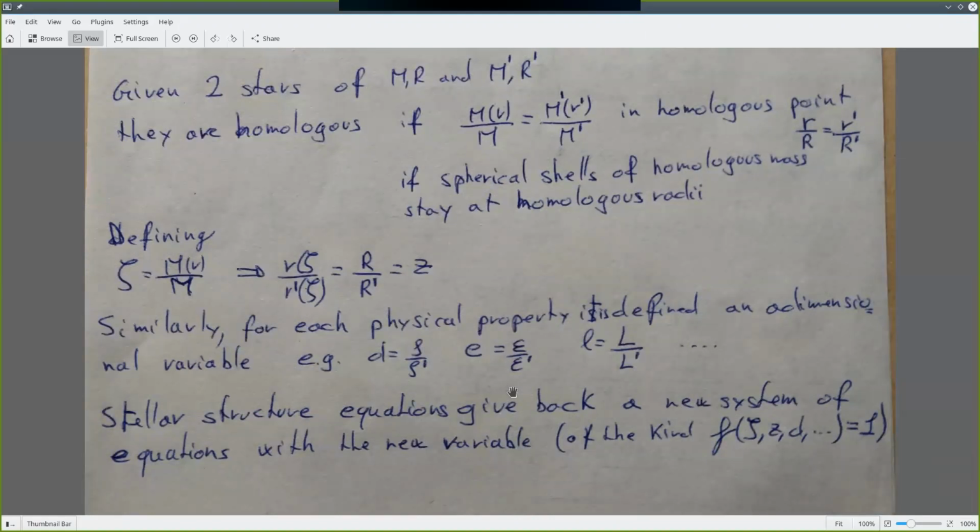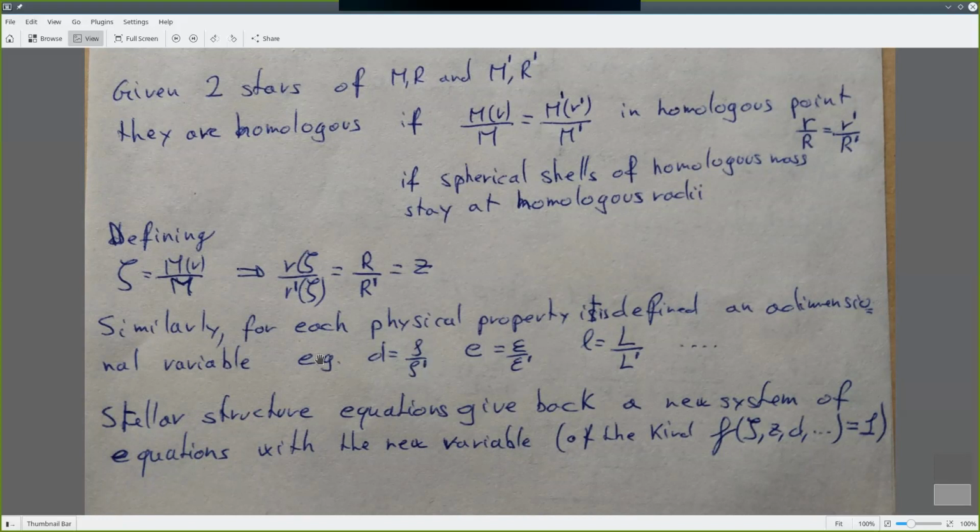Given a solution, putting in the new values, because we can substitute rho with d multiplied by rho prime, we can have another system.